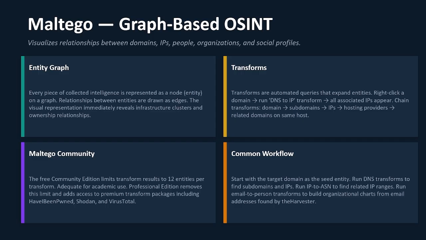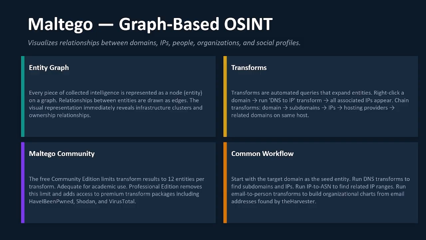Maltego, this is a graph-based OSINT tool, so this would let you visualize the relationship between domains, IPs, people, organizations, social profiles, and things of that nature. So you'll have an entity graph where every piece of collected intelligence is represented as a node, and it will draw relationships between all of those.